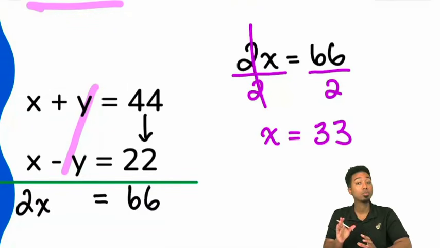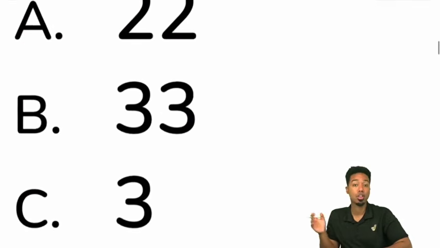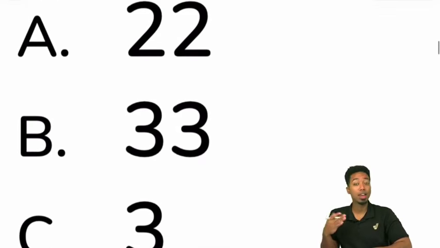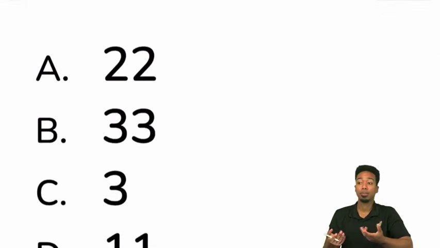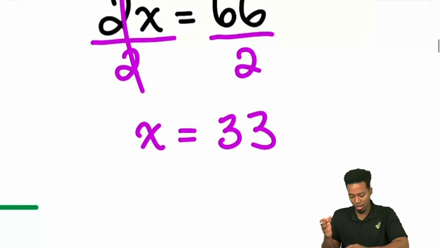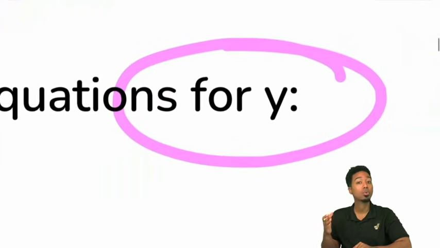So again, my party people, just to remind you, 33 is not the answer. I know you're looking at B over here, thinking, man, I just got 33, I'm really nervous, I think that's the answer. Pause. Ask yourself, hey, what did I get? I got 33. What does that represent again? x. Was I looking for x? No, I'm looking for y.